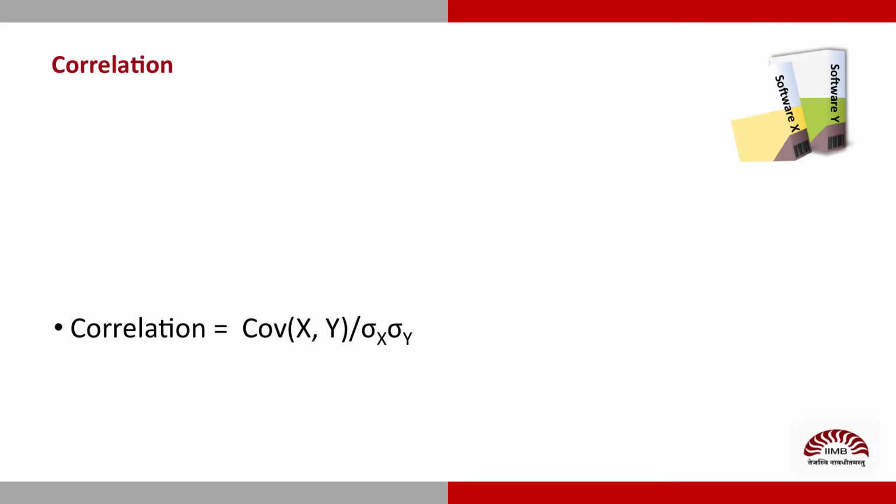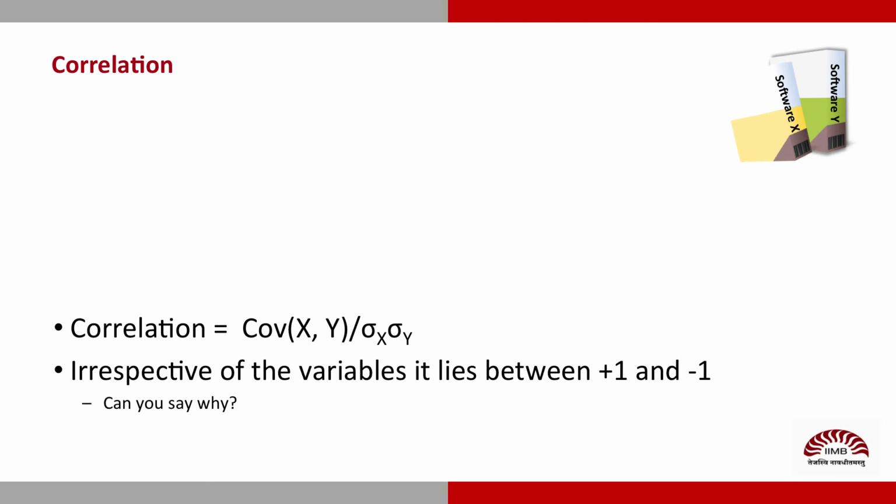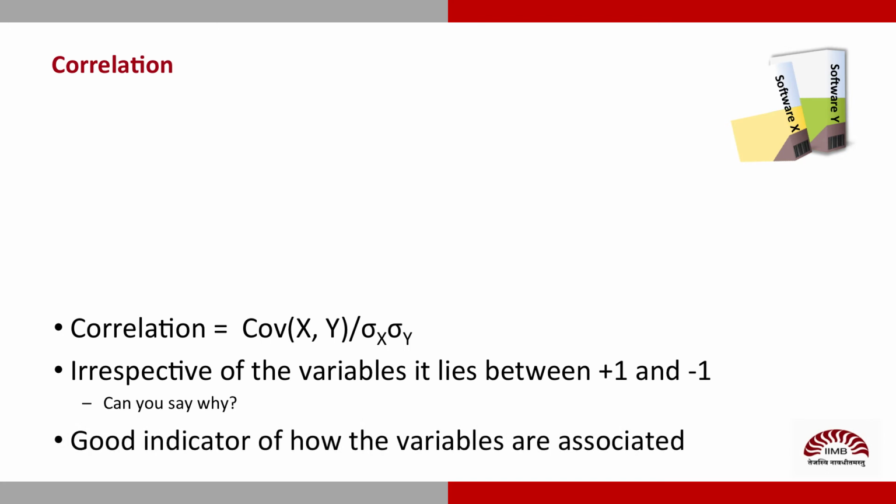For now, let's talk about a unitless measure called correlation. It's defined as the covariance of X, Y divided by the product of their standard deviations. No matter what the variables are, this measure always lies between -1 and 1 and is a good indicator of how the variables are associated.